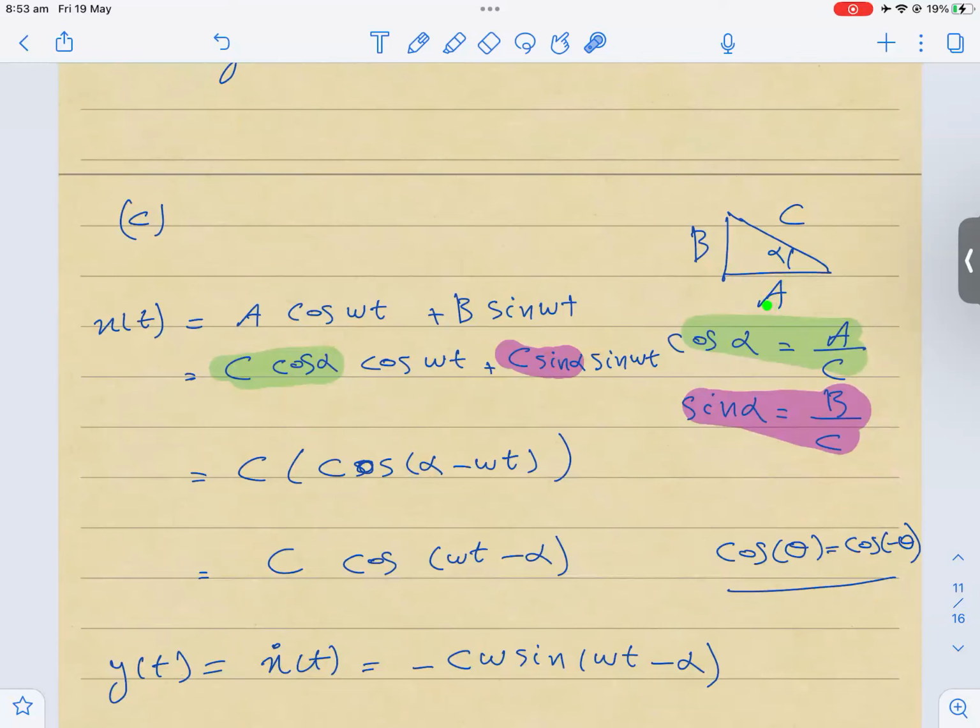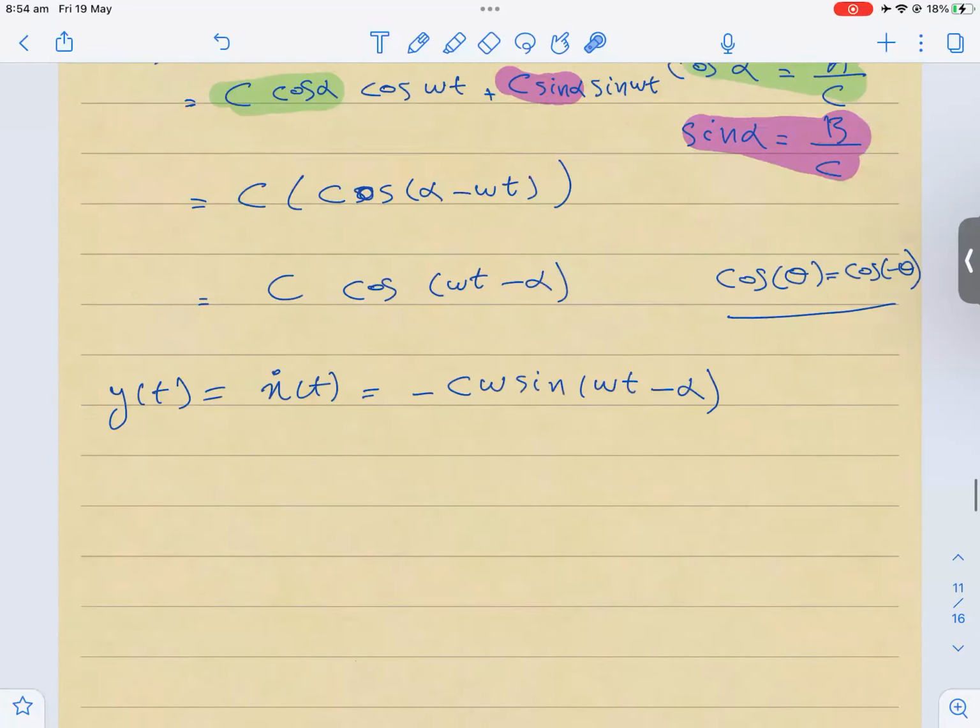Would that be sufficient, or do you have to fix it and show it matches what they said? No, it will be the same. Instead of this cos, it would be sine, and then you have plus alpha. Yes, okay.